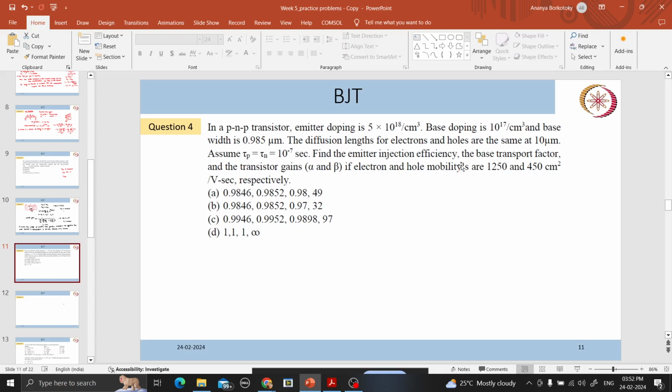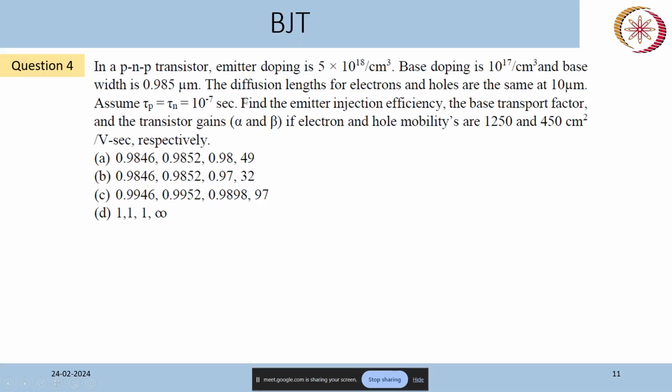So what is emitter injection efficiency? It is gamma. And also the base transport factor alpha T, and the transistor gains alpha and beta. What will be the values for these parameters?